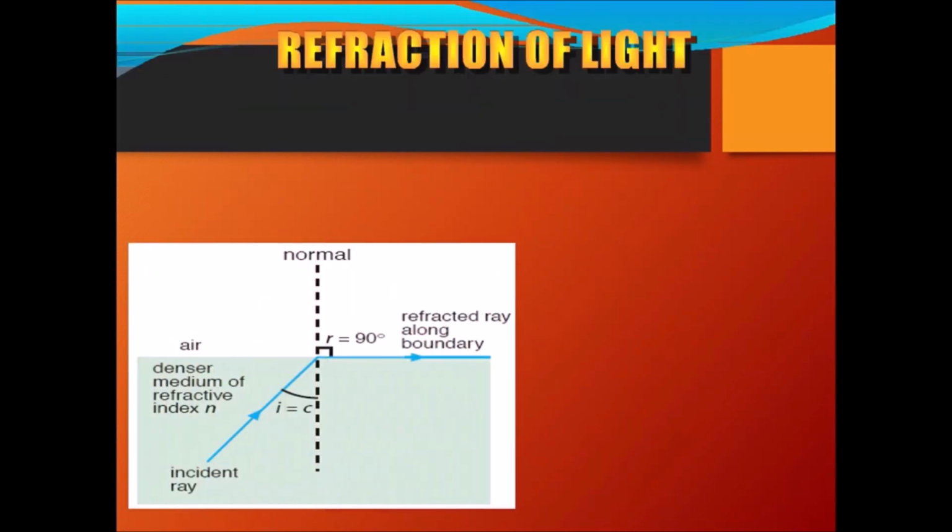Moving on to the next one, everybody. Now we understood what total internal reflection is. Total internal reflection will happen when the angle of incidence is more than the critical angle. Let me remind you what the critical angle is. It is that angle of incidence at which the angle of refraction is 90 degrees.